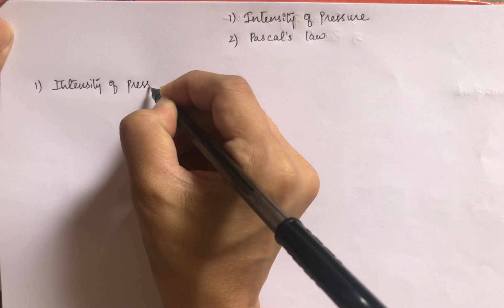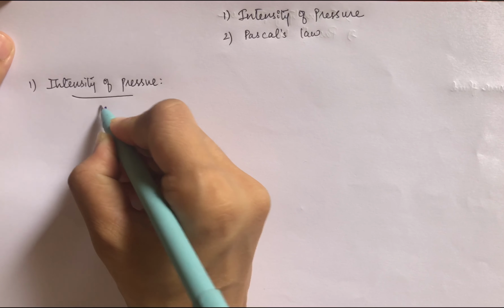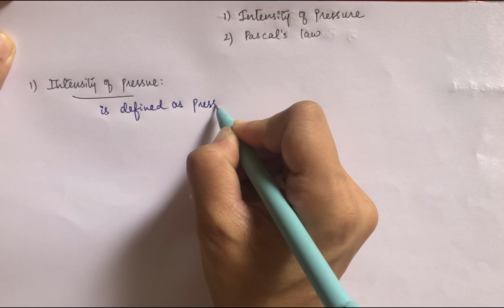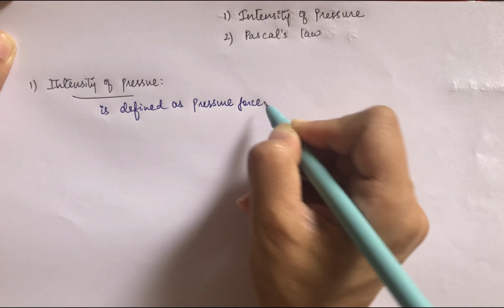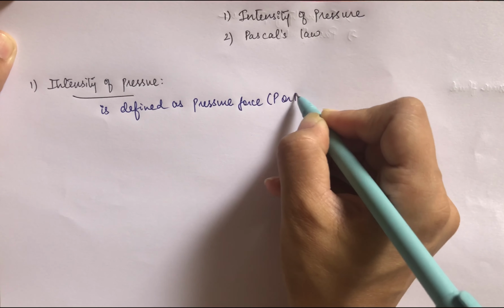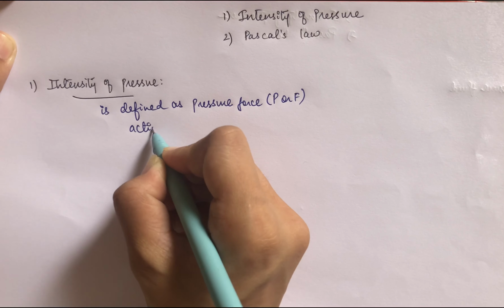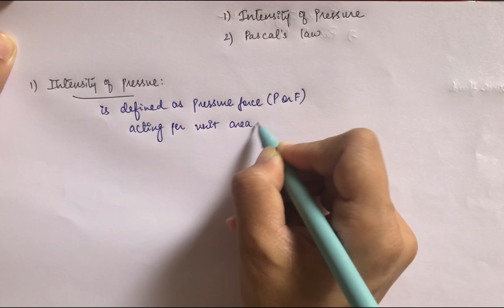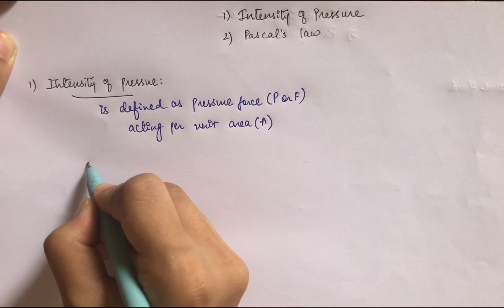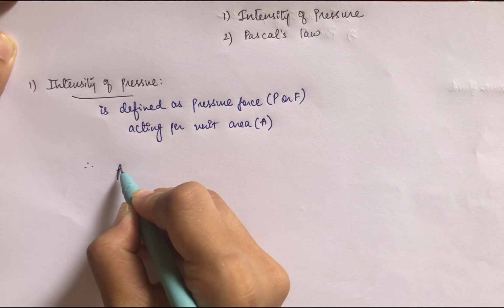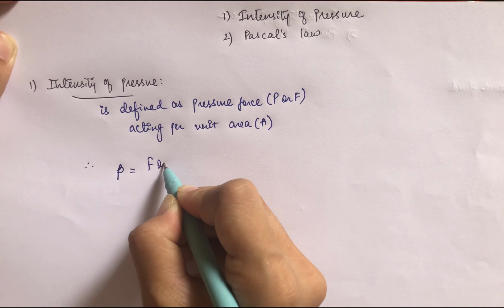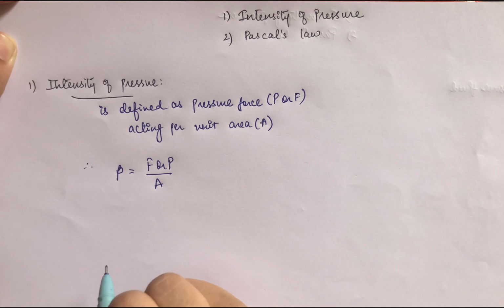Intensity of pressure is defined as pressure force, capital P or capital F, acting per unit area, that is A. Therefore, intensity of pressure is denoted by small p. So intensity of pressure is pressure force divided by unit area.